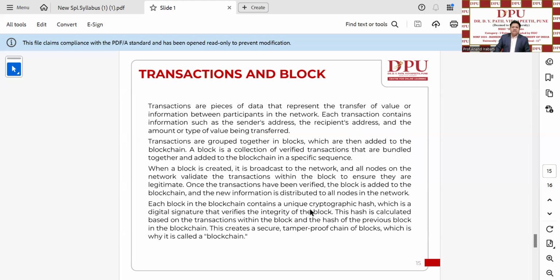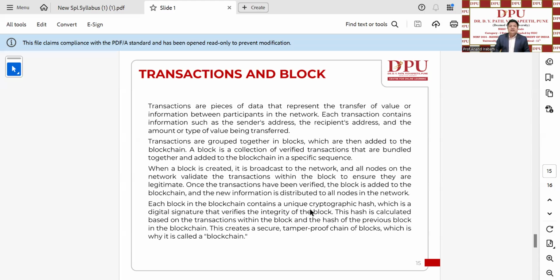Every digital operation that is recorded on the block, we can consider as a transaction. For example, a transfer of cryptocurrency from one account to another is considered a transaction.